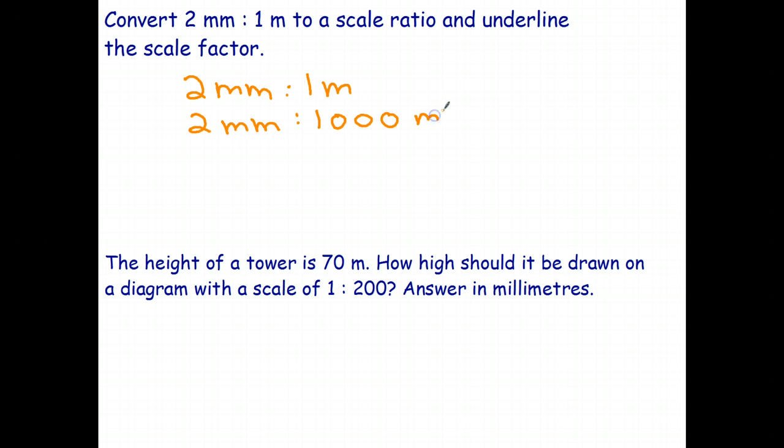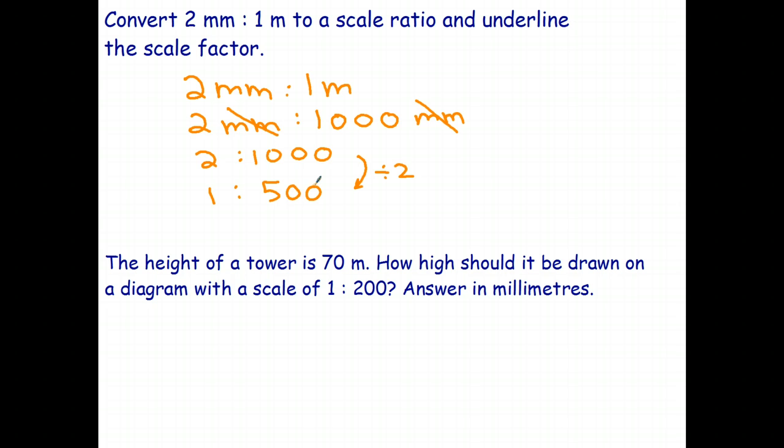So notice I'm still writing the units to begin with. I wrote the original units, I've converted them to millimeters. Now I can cross the millimeters out, and the answer is 2 is to 1,000. And of course, that can be simplified. I can divide by 2, and final answer, 1 is to 500.